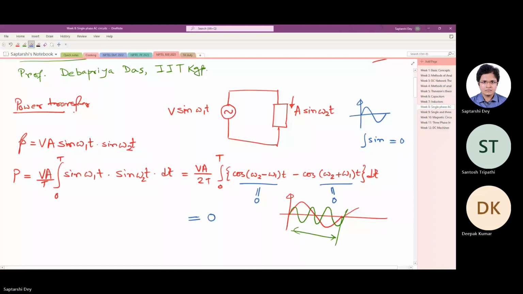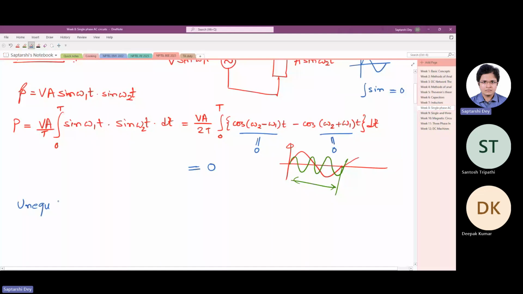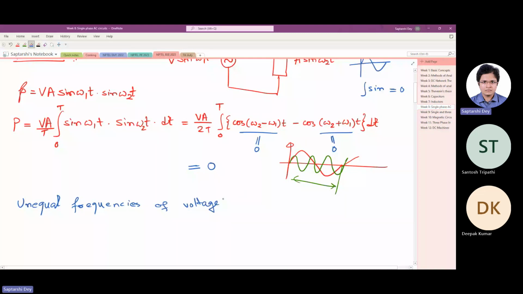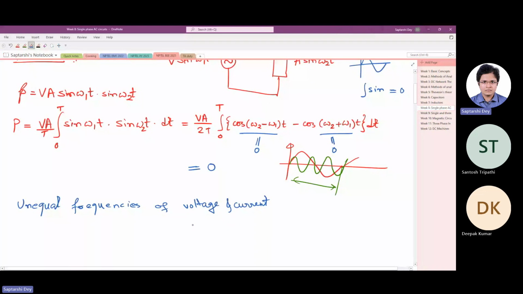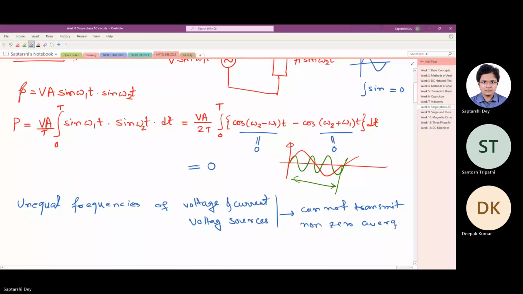So the bottom line of this whole derivation is that unequal frequencies of voltage and current, or we can say unequal frequencies of voltage sources, cannot transmit non-zero average power.